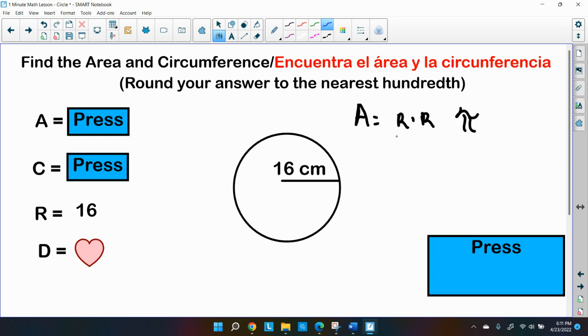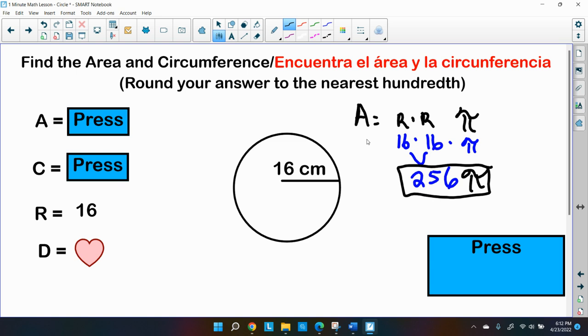So the radius is 16. That'll be 16 times pi. 16 times 16 is 256. And that'll be pi next to it. So my area is equal to 256 pi. Now all I need to do is find circumference, and circumference, I need the diameter.